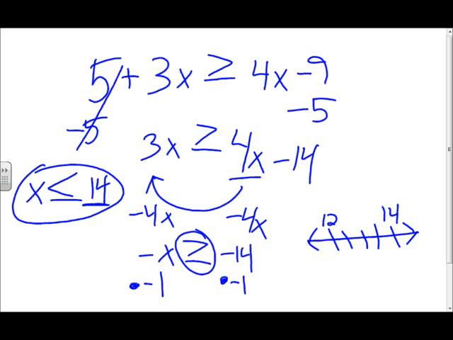So put that on the graph like that, and since x can be 14, it's going to have a dot that's filled in, and then you just shade the whole one side of the line graph. Now I'm going to hand it over to Ben for the next example.